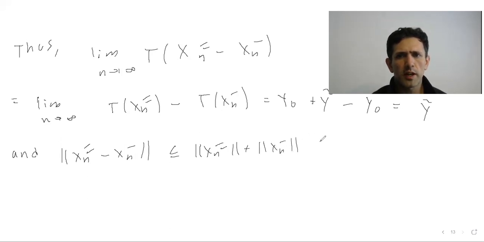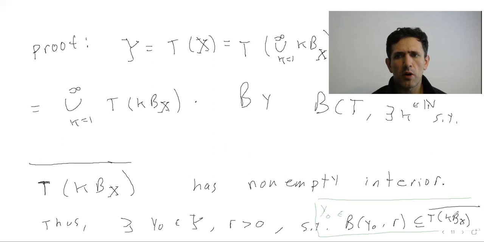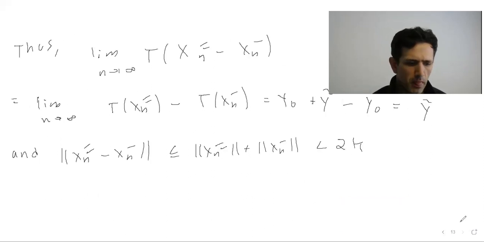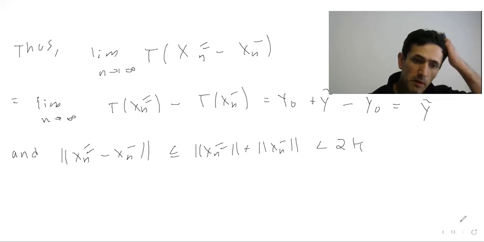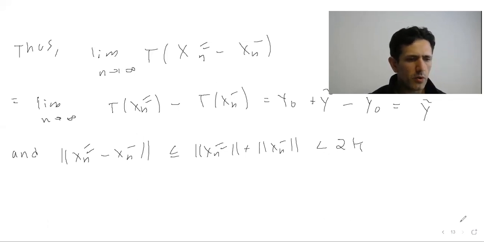Just the triangle inequality says this is going to be less than 2k, because both have norm less than k.